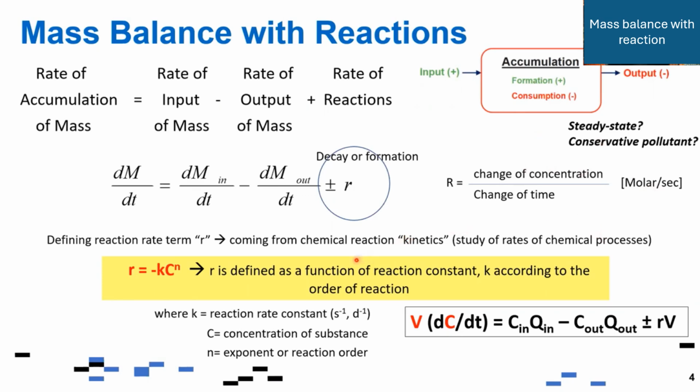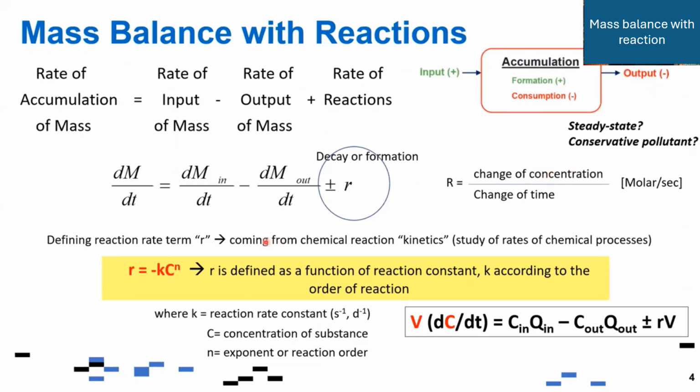This R is based on kinetics, the chemical reaction study called kinetics. Kinetics is basically the study of rates of chemical processes: how long will the reaction occur and what's happening in the reaction. In this case, the reaction rate is related to the concentration, the change of concentration, right?